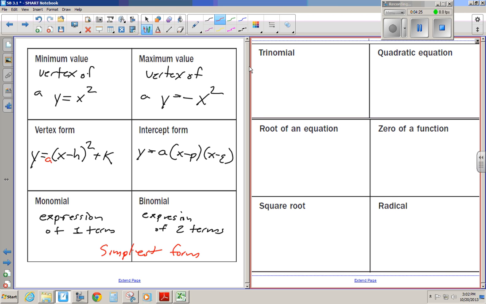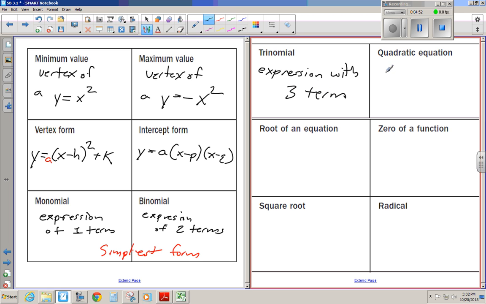A trinomial is an expression with three terms. I know, it's amazing.